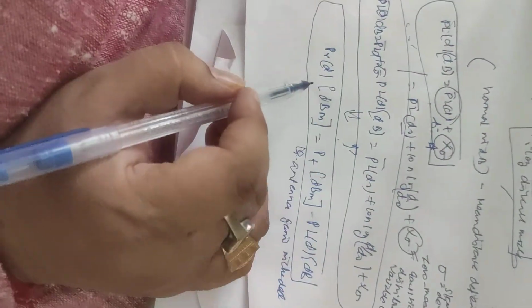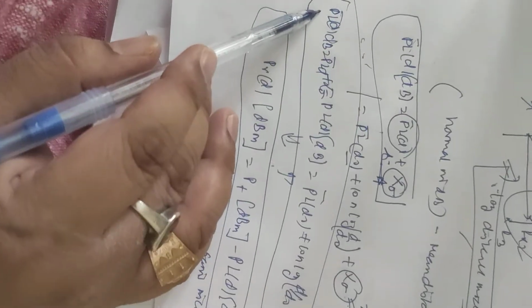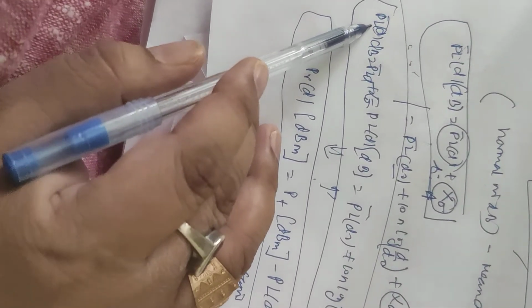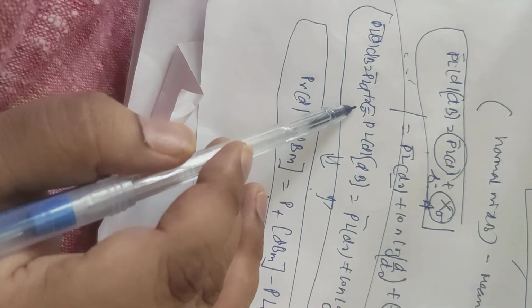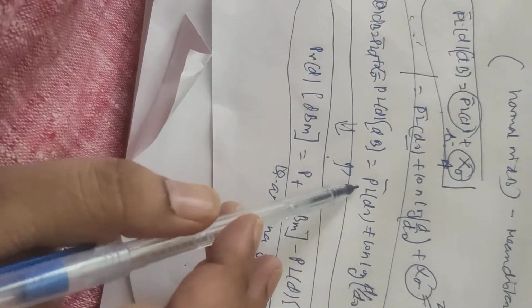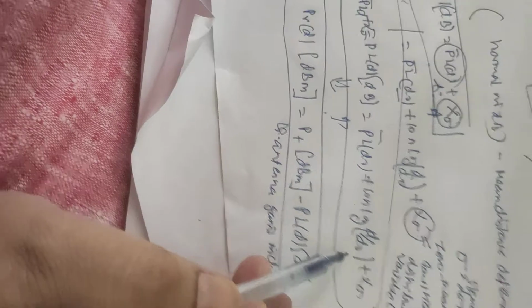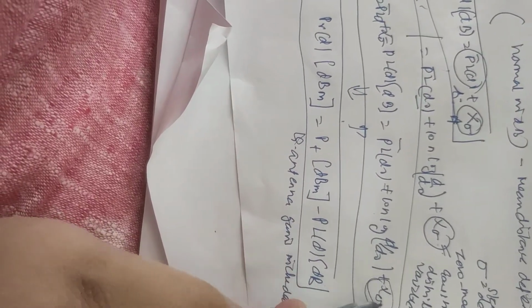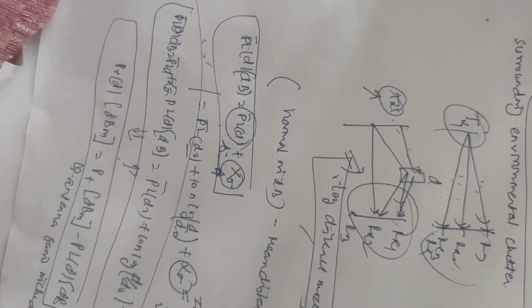This is our equation number 4. This is the PL, transmit power at distance d in dB: PL(d) dB = PL(d0) + 10 n log(d/d0) + X sigma, normal distribution, where sigma is the standard deviation.